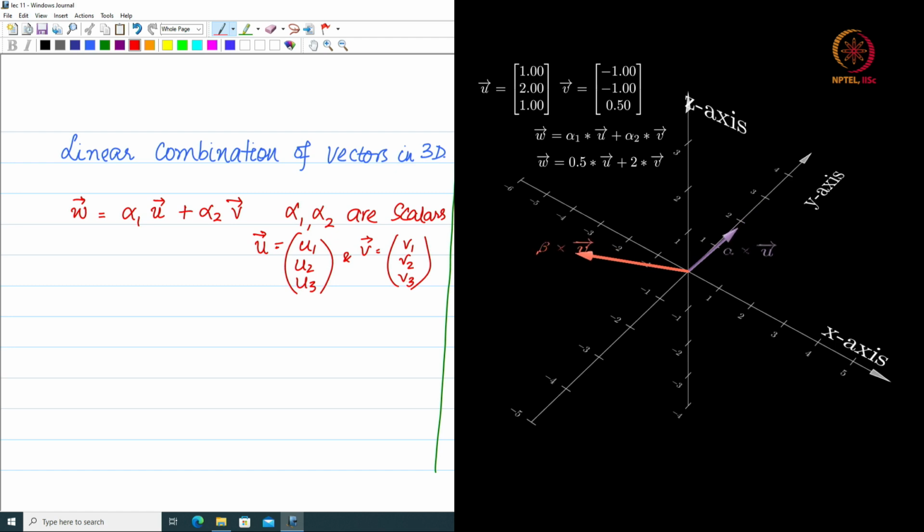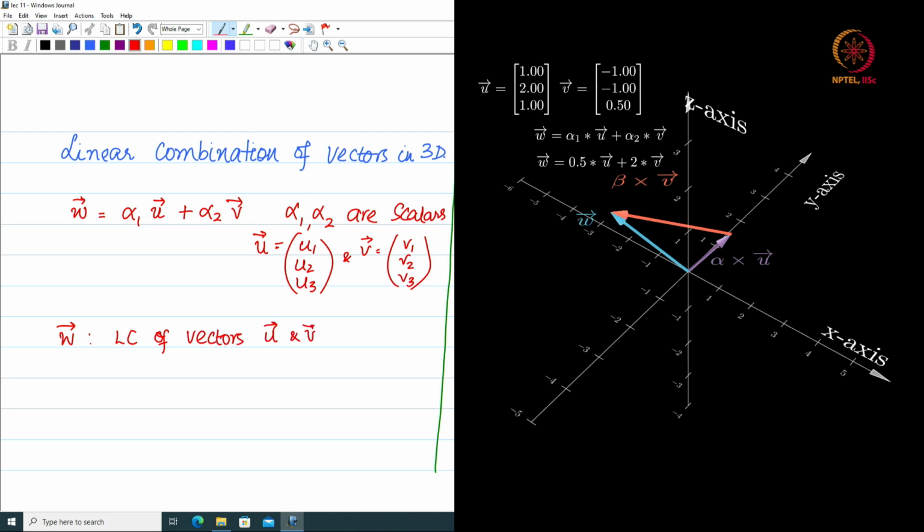So, what we say is w is a linear combination of vectors u and v for some real scalars alpha.